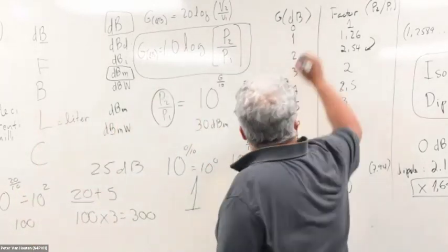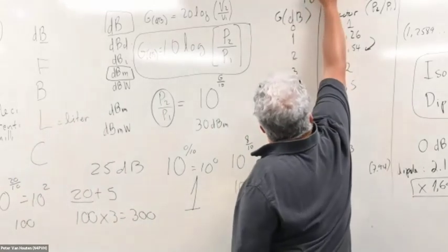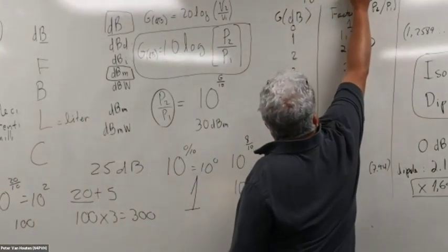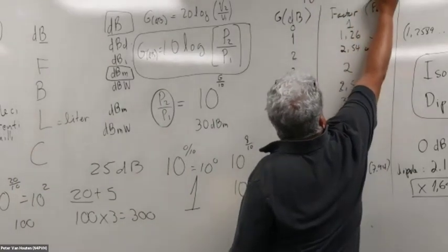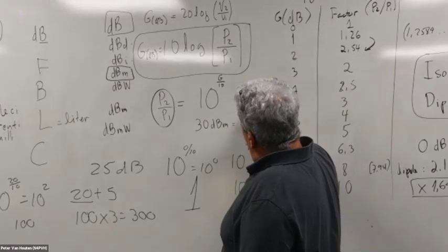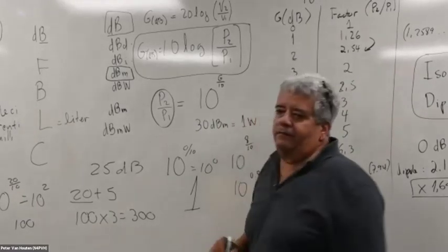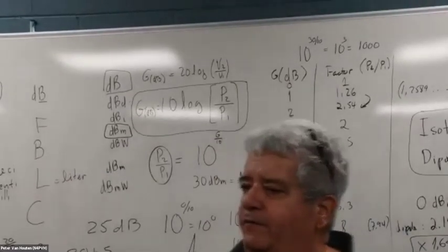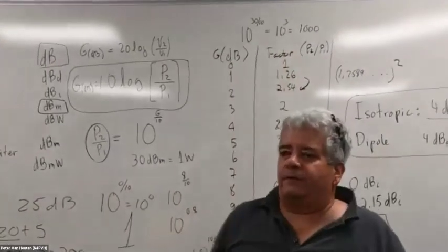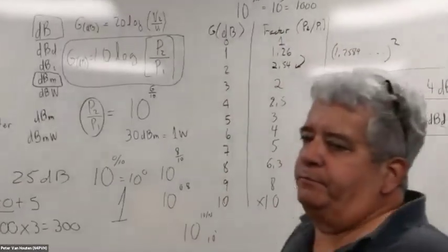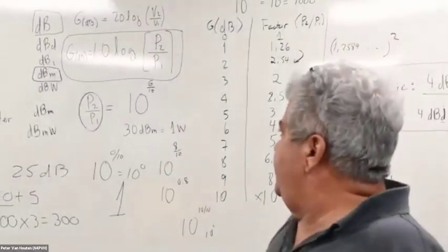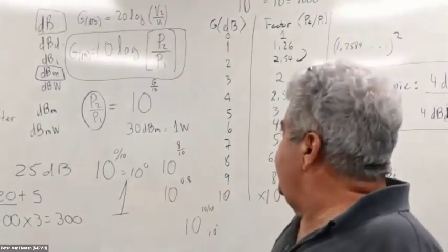And 30 dBs, 10 to the 30 divided by 10 is equal to 10 to the 3, which is 1,000. In other words, 30 dBm is equal to 1 watt or 1,000 milliwatts. Okay, that is all about the dBs and the references.